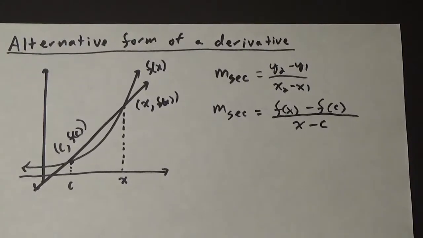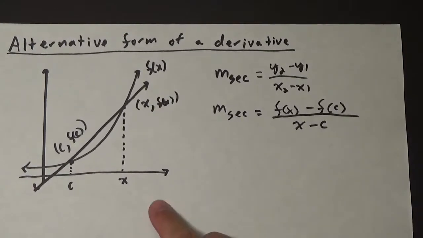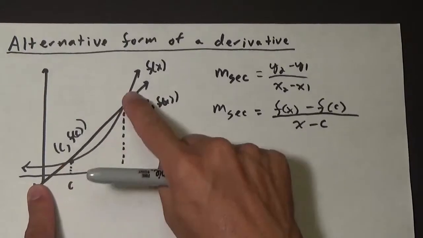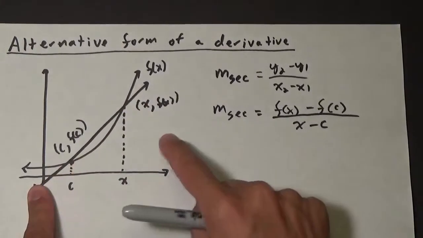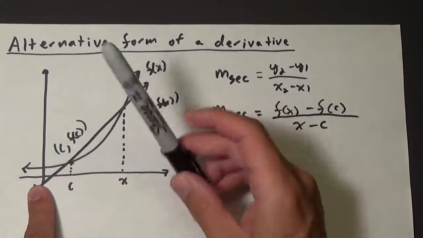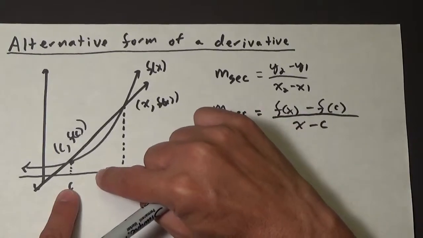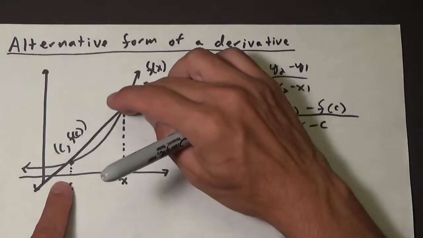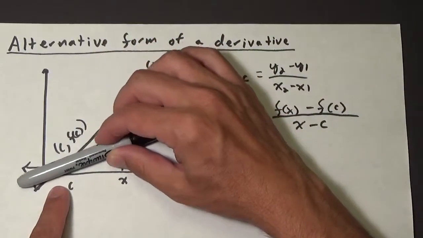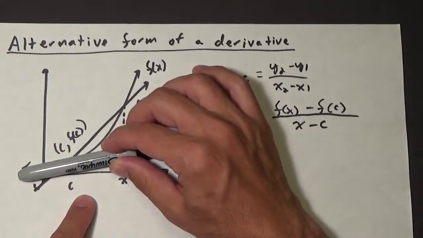So just like in the previous definition of a derivative, we said, okay, well we have this secant line, but that's an okay approximation for the tangent line, which is here. This would be the tangent line right here. But what if we took x and started getting it closer and closer to c? Well, as x became closer and closer to c, this secant line would slowly start becoming the tangent line.